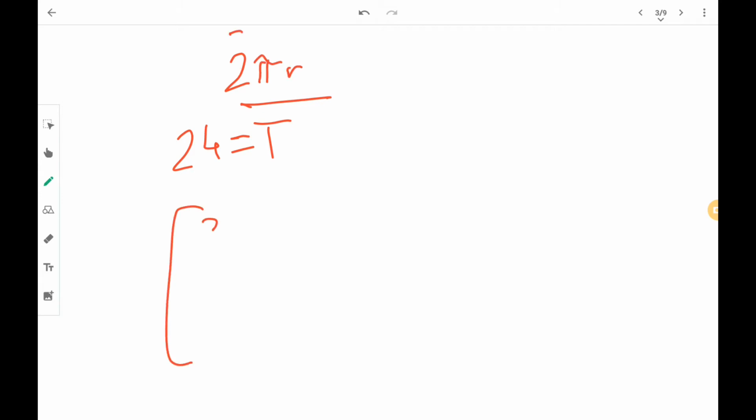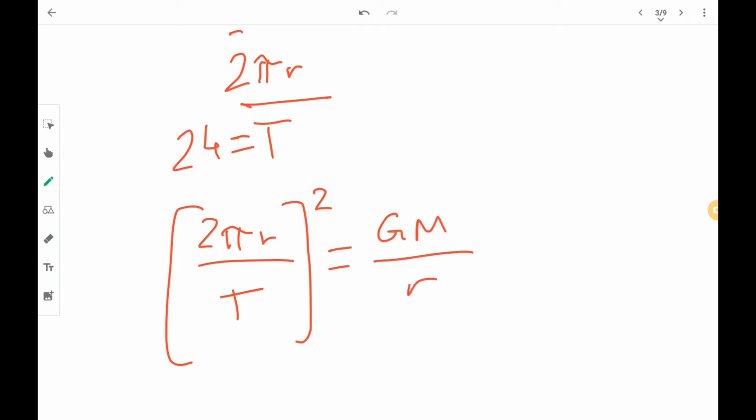So you have 2 pi r over d, all squared, is equal to GM over r. Both of these r are equal to the height of the satellite from the surface of the Earth plus the radius of the Earth.